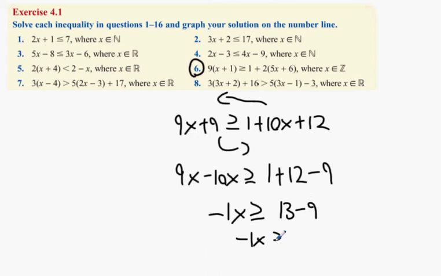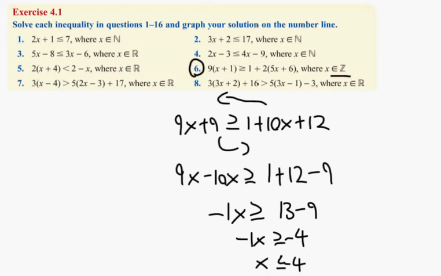Minus 1x is greater than or equal to 4. The goal is to get x on its own, not minus 1x on its own. You alright? Multiply both sides by what number? X is smaller than or equal to minus 4.